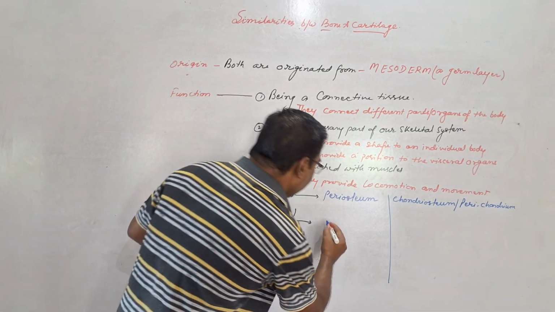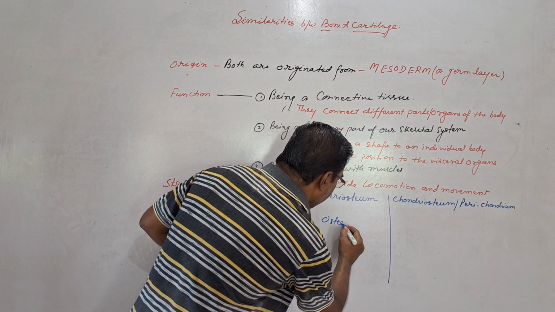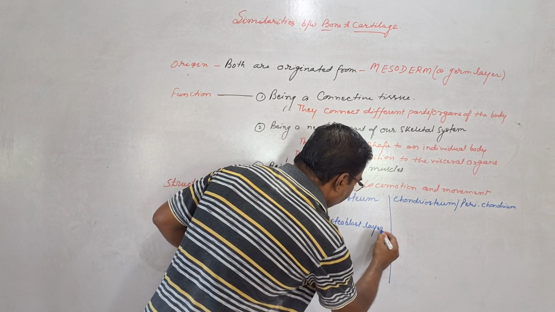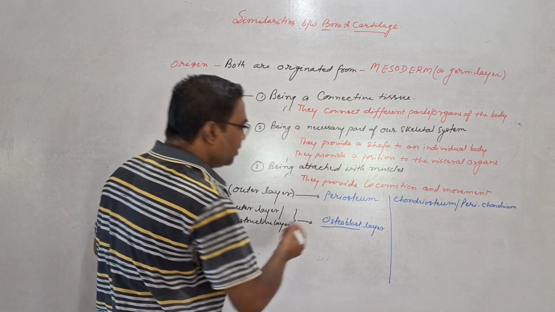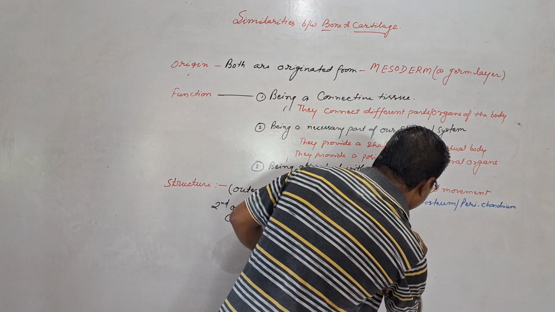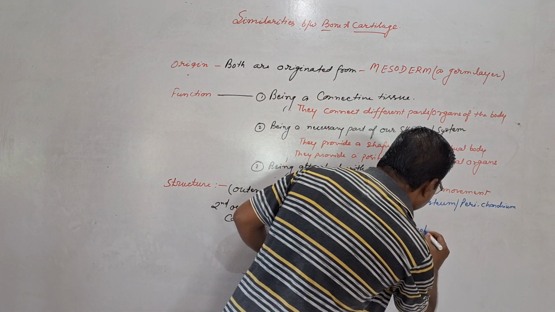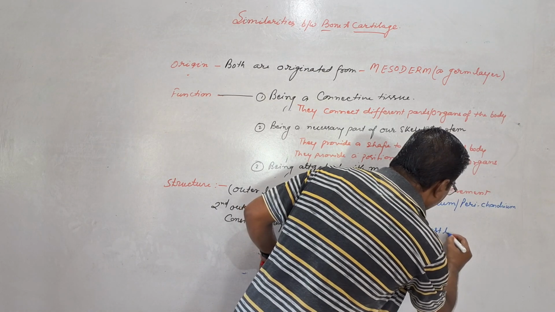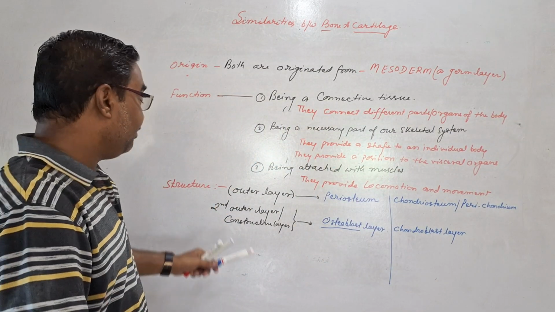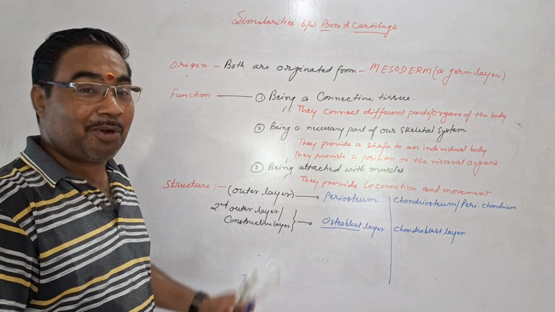Here, the second layer is the osteoblast layer, made up of specific cells called osteoblasts. Here, the second layer is the chondroblast layer. Although the names are different, they have a second outermost layer. It is a common thing.